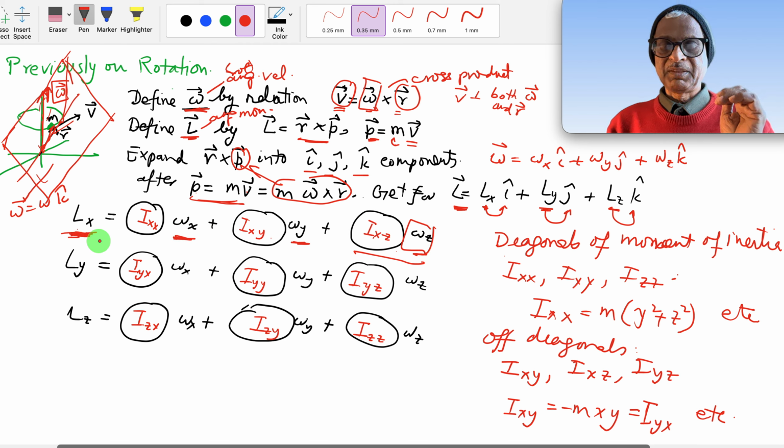Now, this we did for a single point mass. You can do any number of masses, just add them up vectorially.